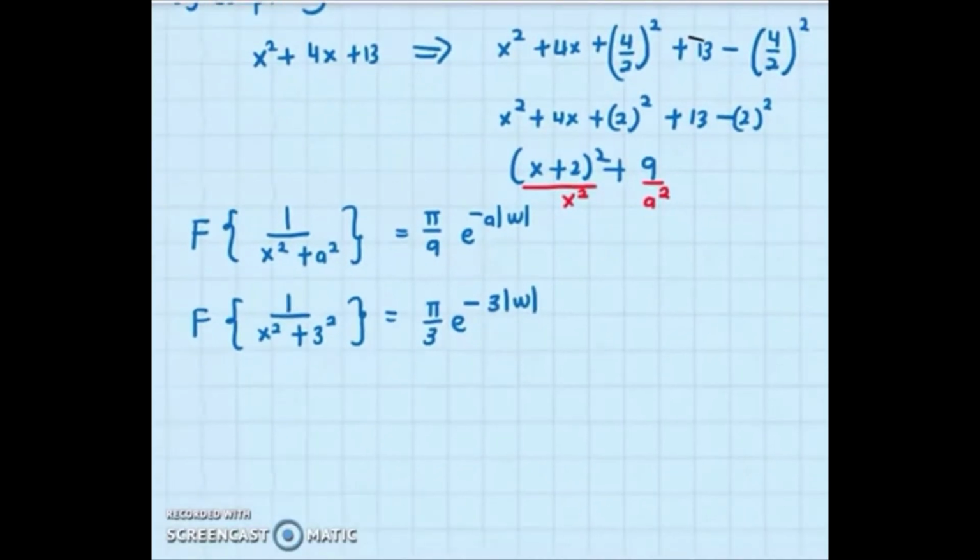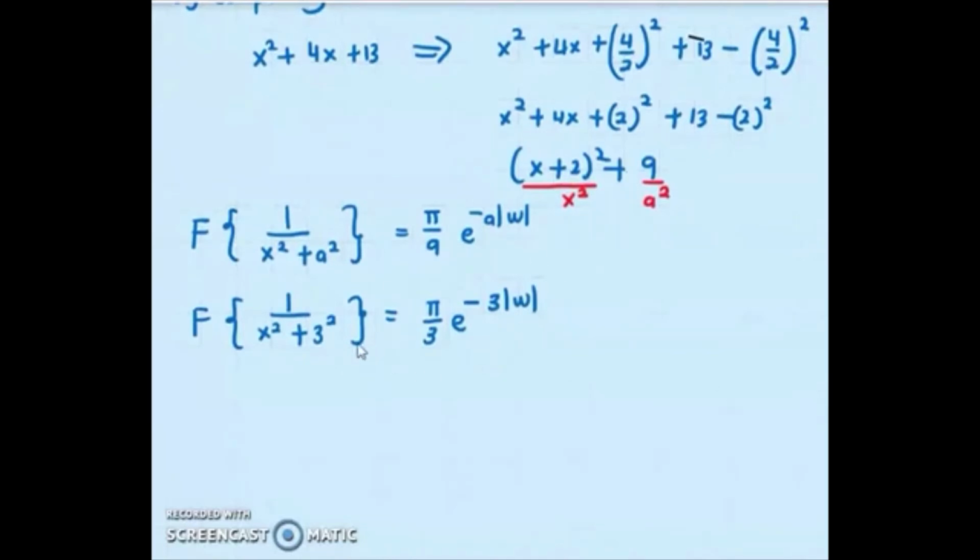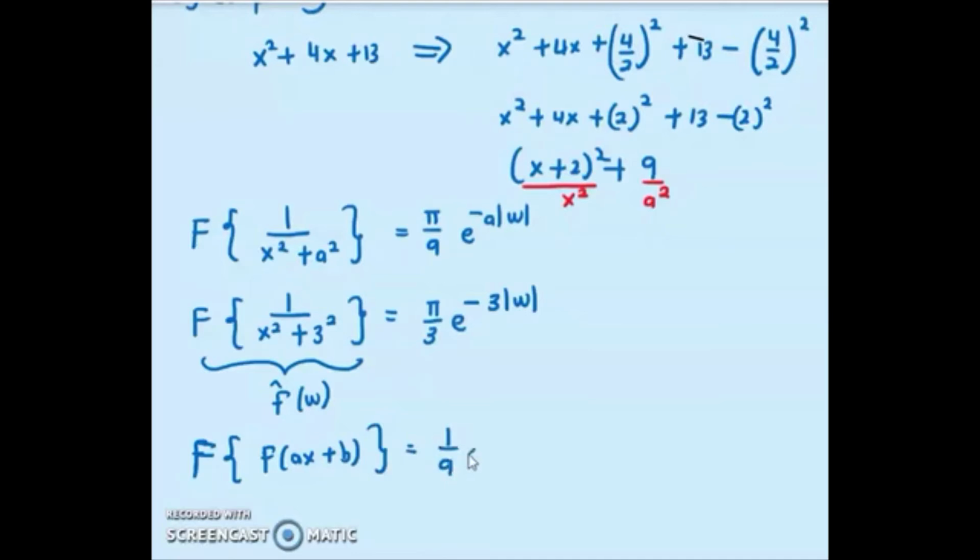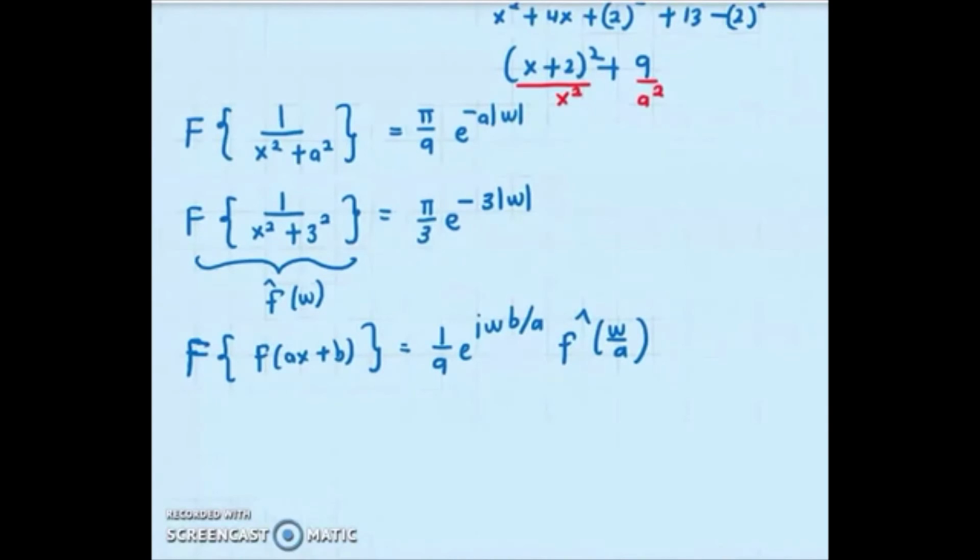Okay, this is good. Now we want to change back. So what is this? This is my f hat omega. Now we want to use the translation formula. The Fourier transform of f(ax + b) is given by 1 over a, e to the i omega b over a, f hat of omega over a. The translation we want to make now is x plus 2.